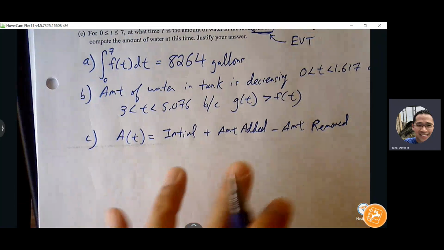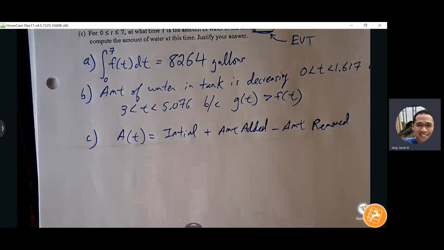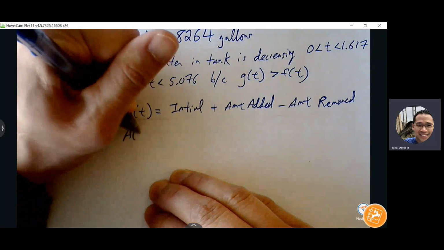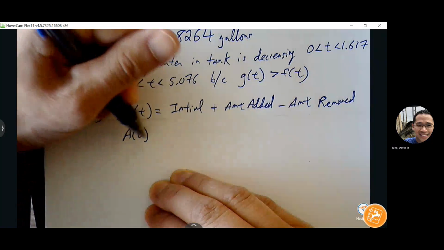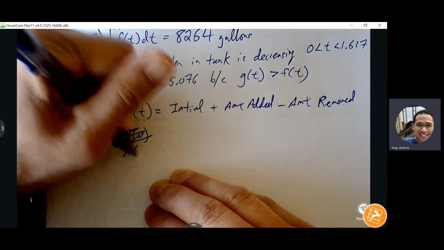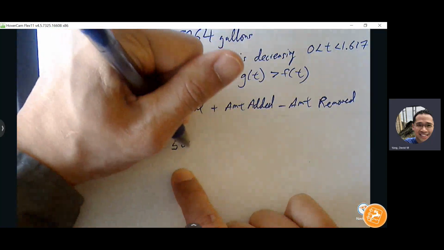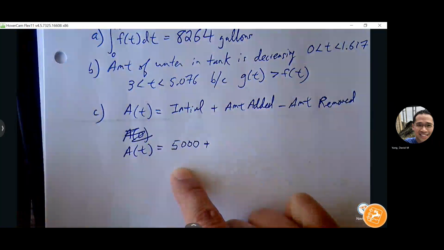But I like to have us write it out right now so we have some formula that makes sense in our head and we can fill it in with the specific problems. Okay, so we definitely want to test A of 0. I'm sorry, let me create the formula. Fine. So there's 5,000 to begin with, plus the amount added.